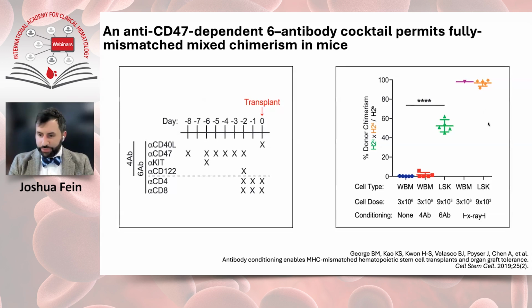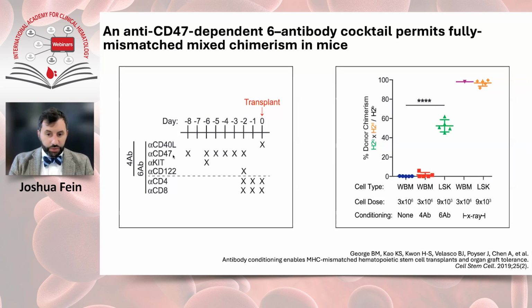So taking that observation forward, the question became, can we use this clinically in any sort of conditioning approach? And so I find this to be just a really beautiful, interesting study that they did, and I'll tell you why that is. They started with a 4 antibody cocktail that was targeting T cells and NK cells with CD122, and then CD47 and c-Kit to condition the bone marrow for first a haploidentical and then a fully mismatched mouse transplant.